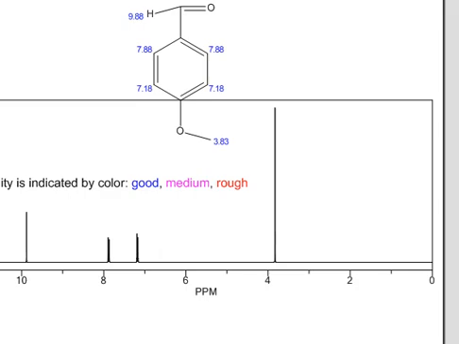Now let's see how it comes in the theoretical NMR. So five carbons done.